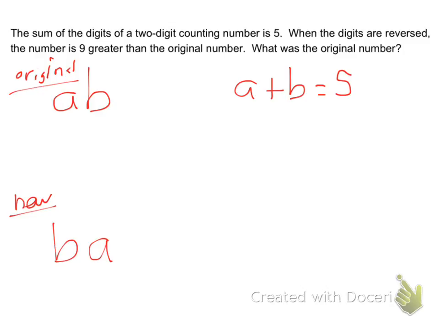The new number is 9 greater than the original, right? So that means that BA equals AB plus 9. The new number is equal to the old number plus 9.